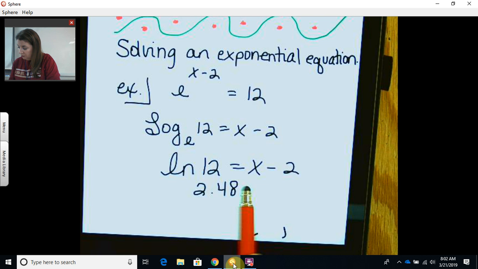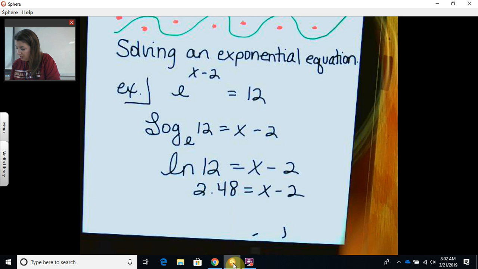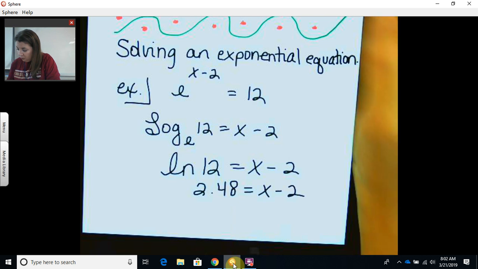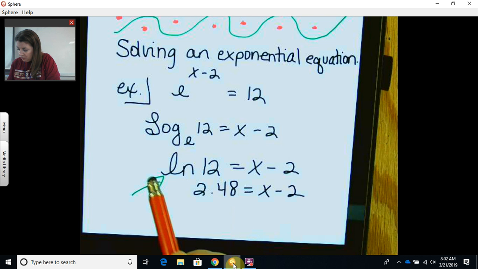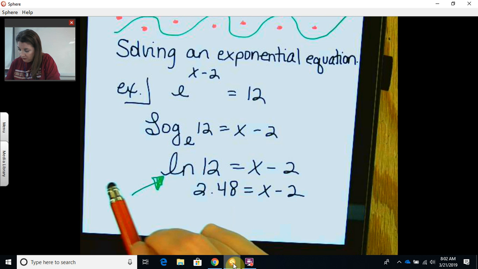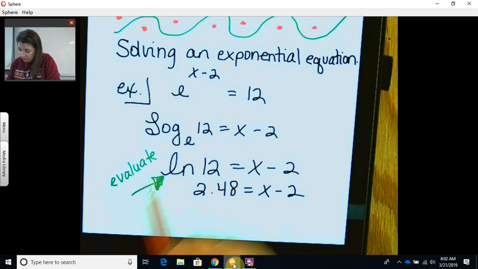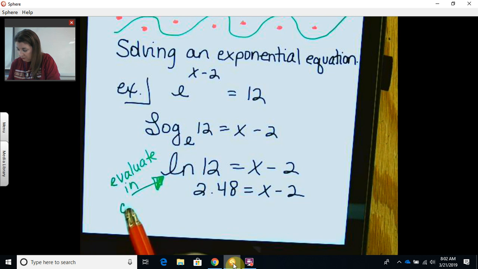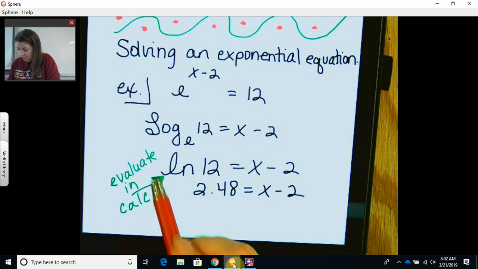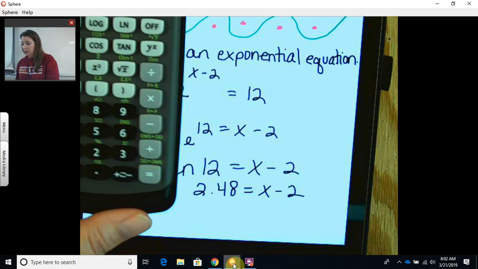And you might want to make yourself a little note that we evaluated the natural log of 12 in the calculator. So probably any other calculator you would hit the natural log button first, then 12. But these, everything's backward. 12 natural log.